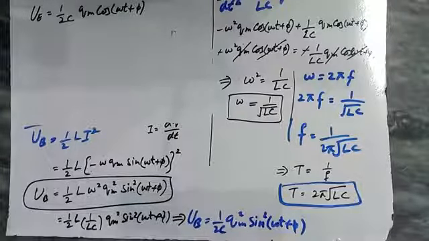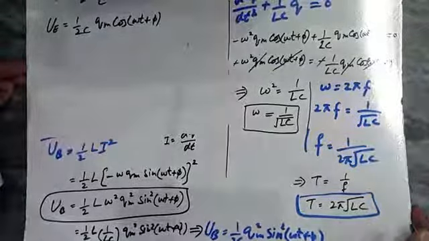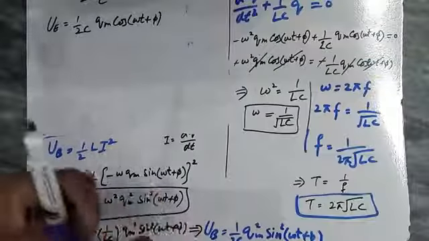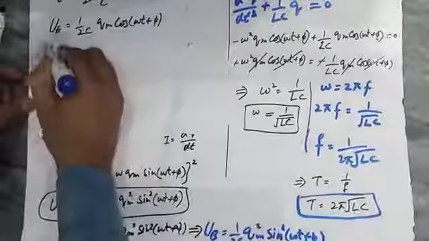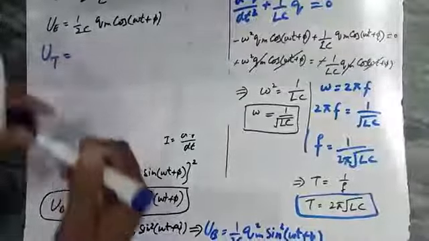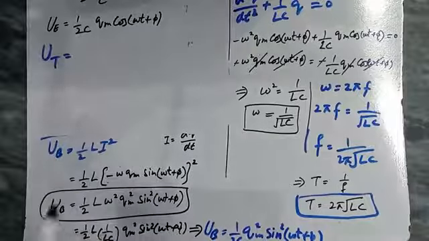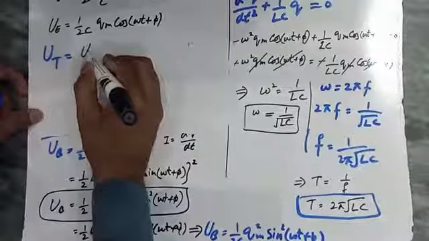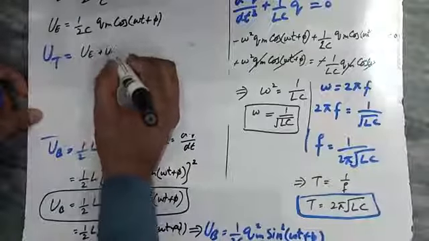As we know that total energy is the sum of electric energy and magnetic energy, so at any instant total energy is given by the sum of electric energy and magnetic energy.